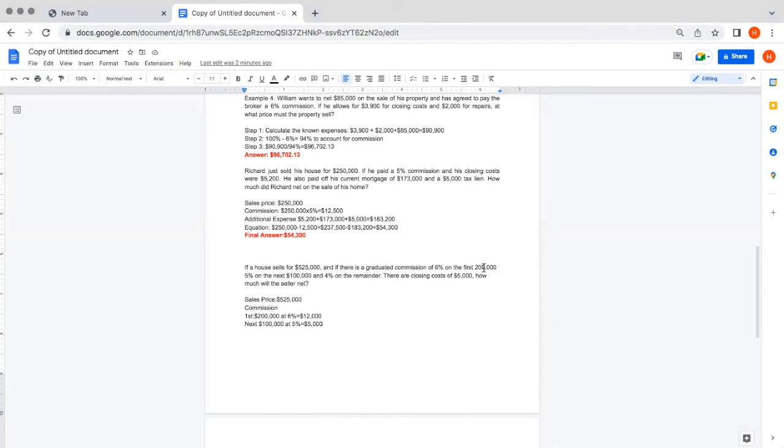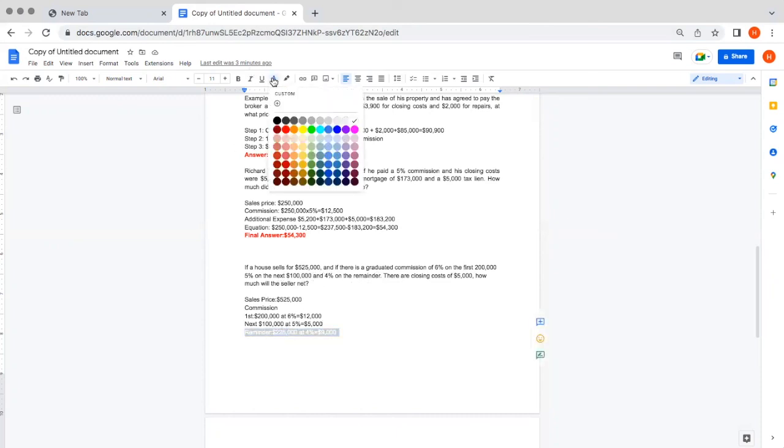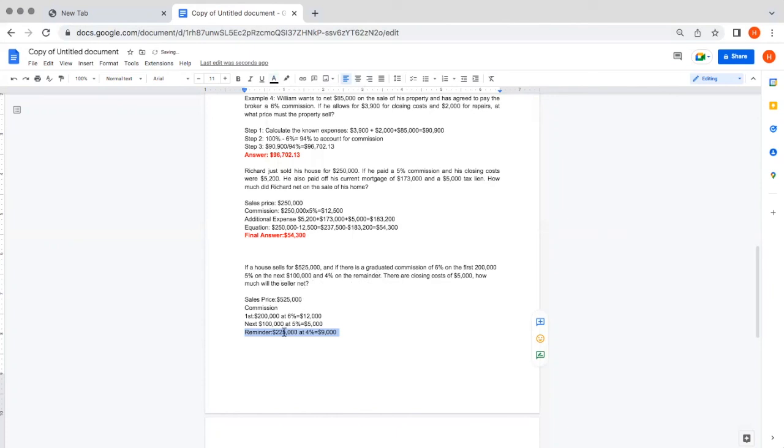So we've got $300,000 accounted for. There's another $225,000 left that's going to be at a 4% graduated commission. So the remainder is $225,000 at 4%, or $9,000. So this $12,000 plus the $5,000 and the $9,000 is going to be the commission.